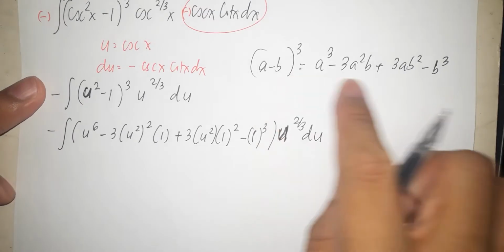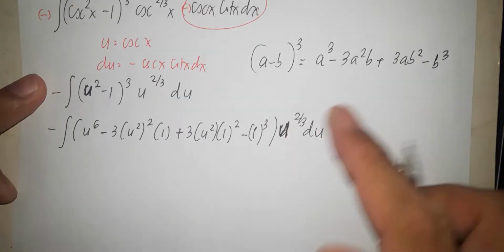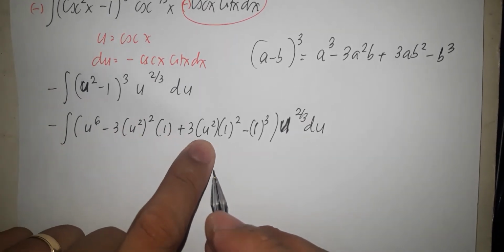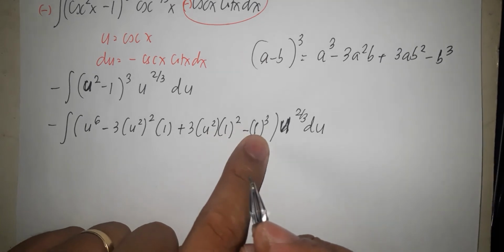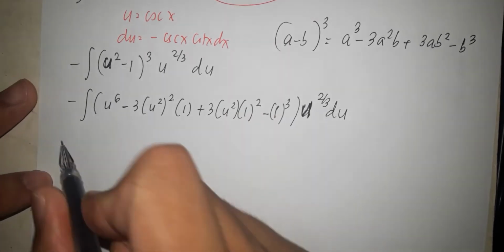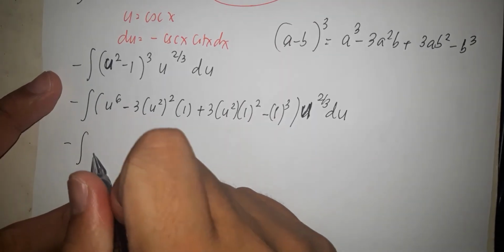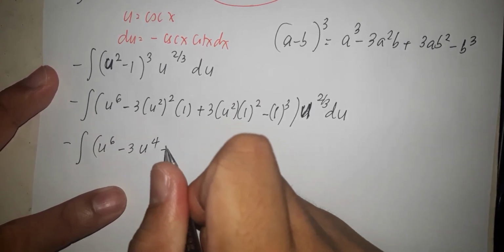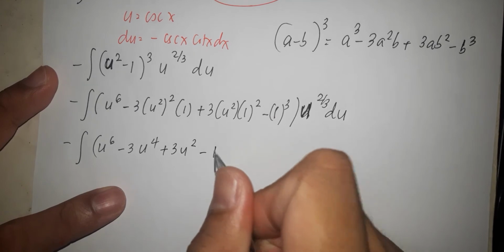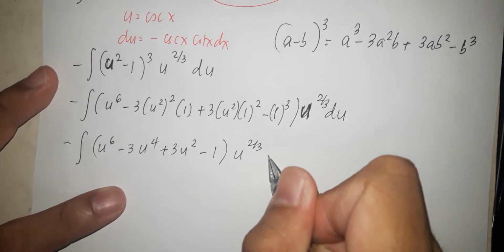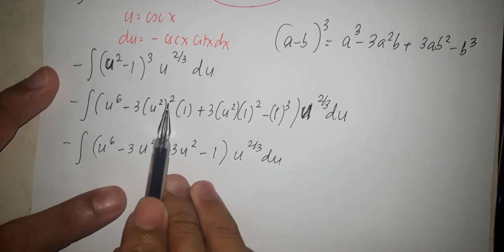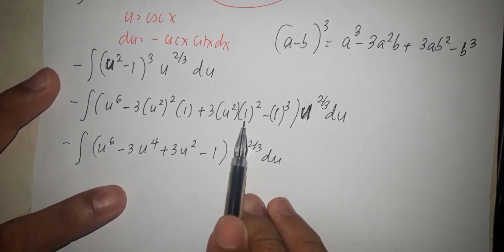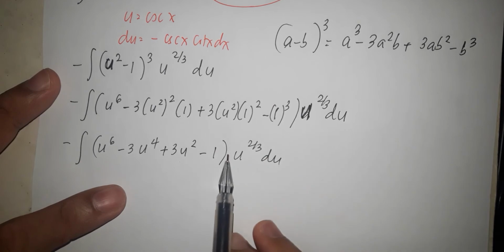Again, we just applied this rule: 3a squared b plus 3ab squared minus b cubed. So this is now negative integral of u to the 6 minus 3u to the 4th plus 3u squared minus 1, times u to 2/3 du. By evaluating, u to the second squared is u to the 4th times 1, u squared times 1 squared is still u squared, and 1 cubed is 1.